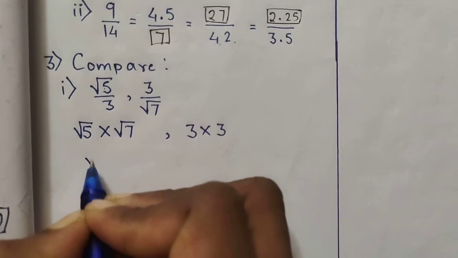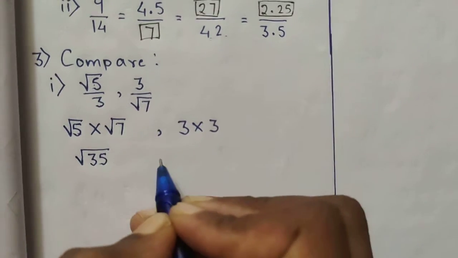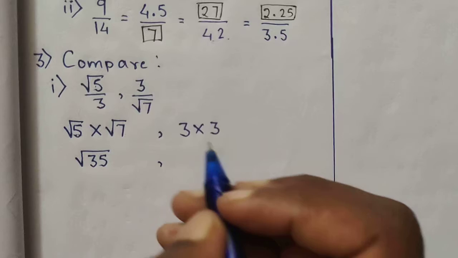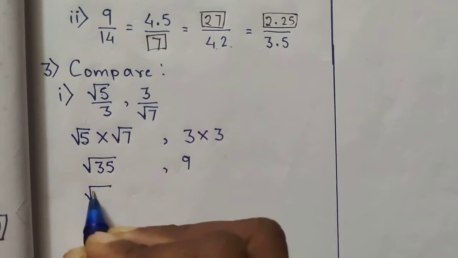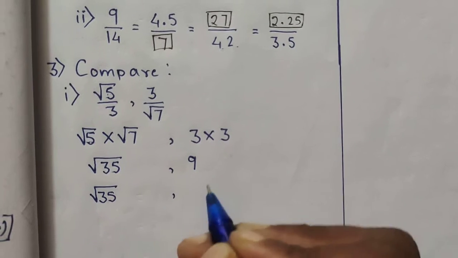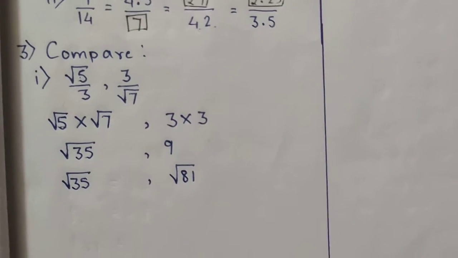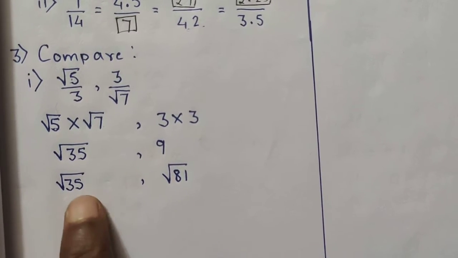Now in this case you have to multiply this. So 5 sevens are 35. Okay, because you know root is going to multiply by root. This is 3 threes are 9. So this is root 35, and you know 9 is what? Square root of 81. Okay, now you can easily understand which ratio is greater and which one is smaller.